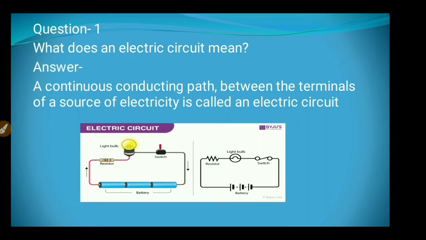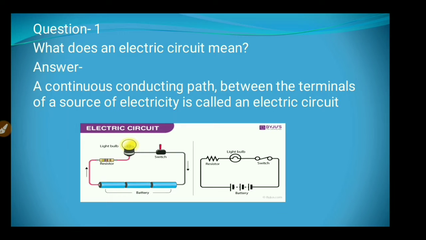Generally, the electric circuit is classified into 2 categories. One is open electric circuit and second is closed electric circuit. Open electric circuit is a circuit where there is no current flowing through it. Suppose you make the switch off, in that case there is no current flowing through the circuit and the bulb will not glow.